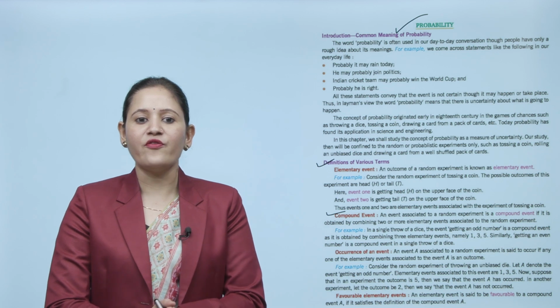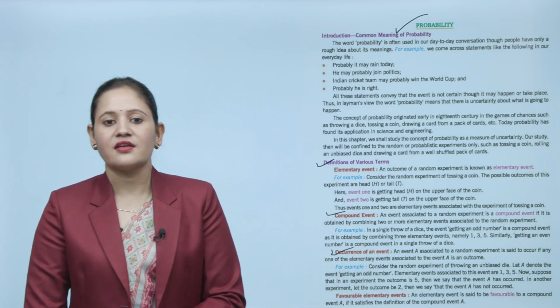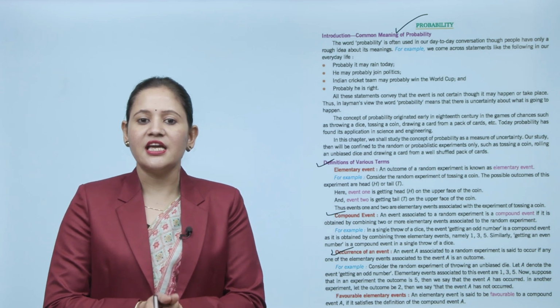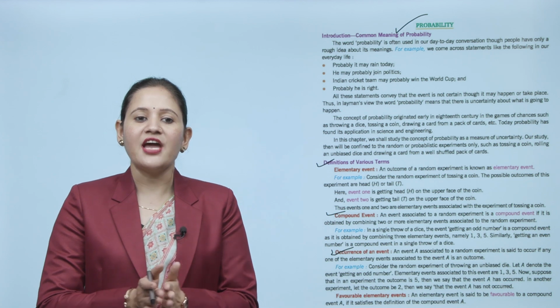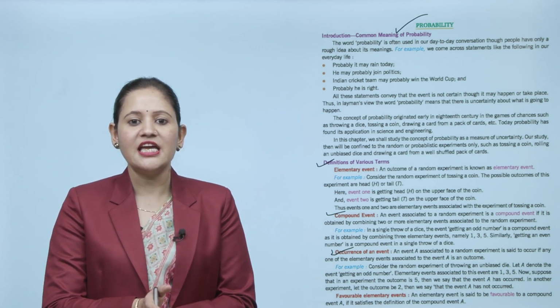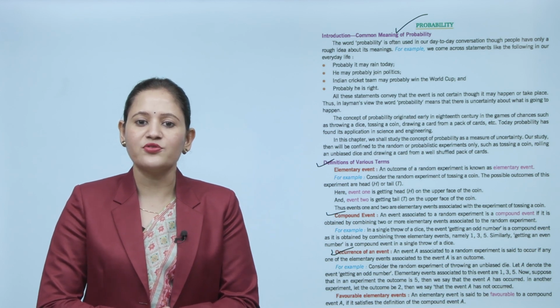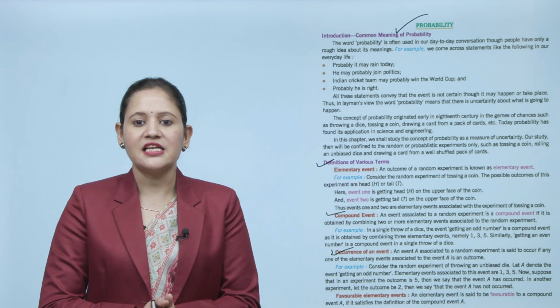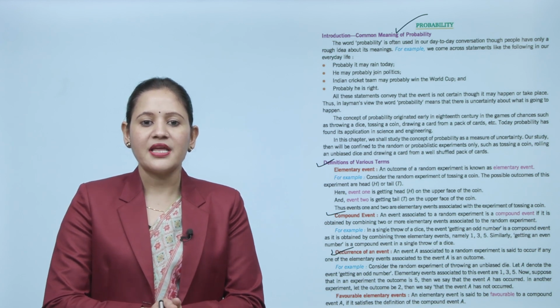Next, occurrence of an event. An event A associated to the random experiment is said to occur if any one of the elementary events associated to the event A is an outcome. For example, consider a random experiment of throwing an unbiased dice. Let A denote the event getting an odd number.